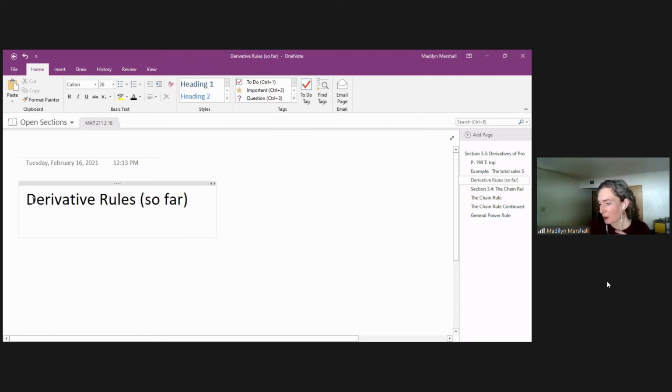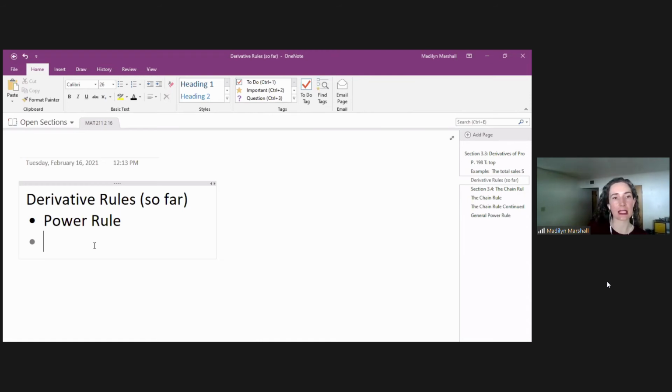So in chapter 2, we had a handful of rules like the multiplying by a constant rule and adding and subtracting, which I don't necessarily want to list, but the key things are the power rule.